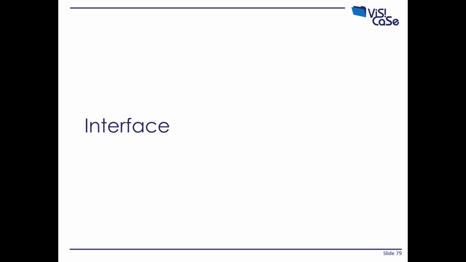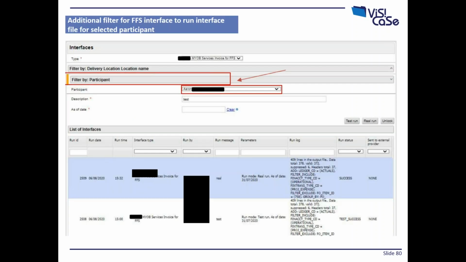Coming towards the interface section, now the user has the ability to filter by participant. For example, I just want to create an interface file ready for one specific line. So now when you are selecting the type, for example, I'm selecting NDIS services to run the interface file, I have the option to select the participant.